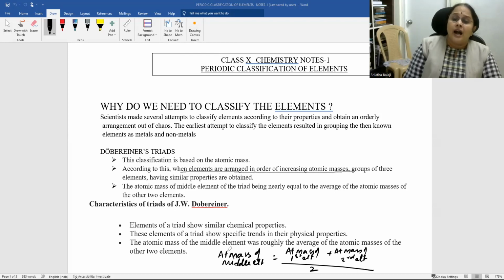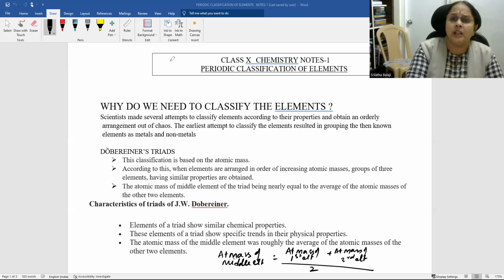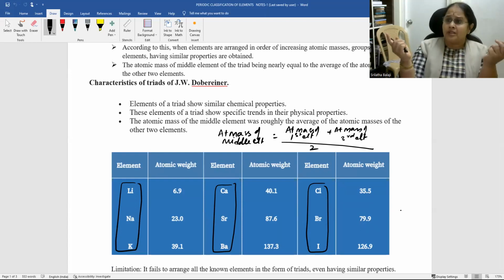It's observed that the atomic mass of the middle element is the arithmetic mean of the other two. What does arithmetic mean? Average. So if I take the atomic masses of the two extreme elements, the atomic mass of the middle element comes out as the average of the other two.